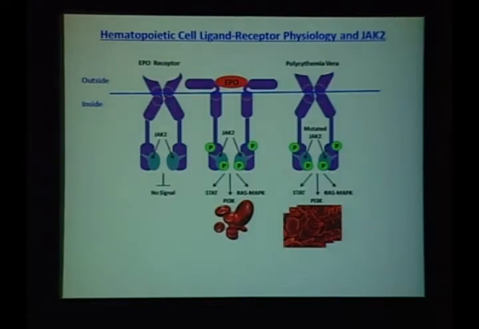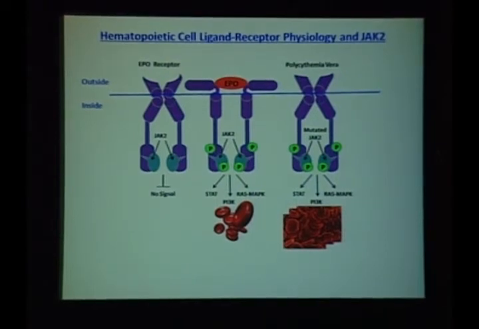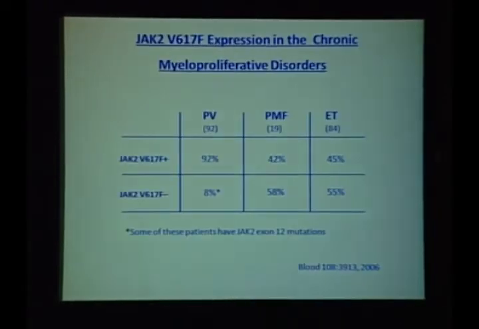Now, John Crispino went through this, and I don't want to spend time on this cartoon, but get back to the point of, in the myeloproliferative disorders, there is a Jak2 mutation, and this mutation allows cells to multiply uninhibited because they don't need a signal. They already have a constant signal. So let's look at an early cohort of our patients.